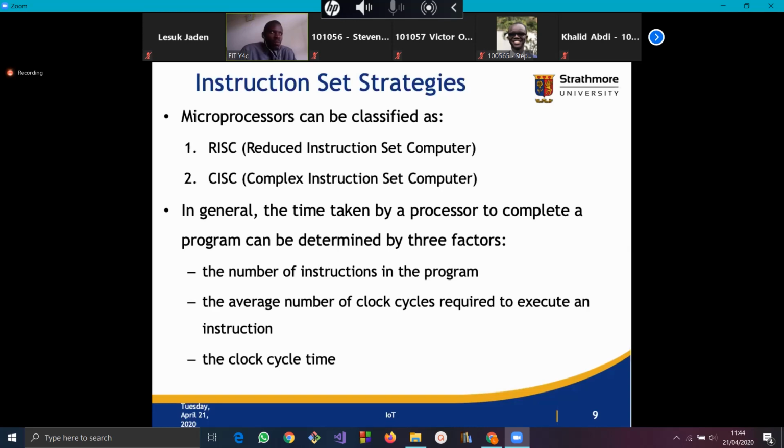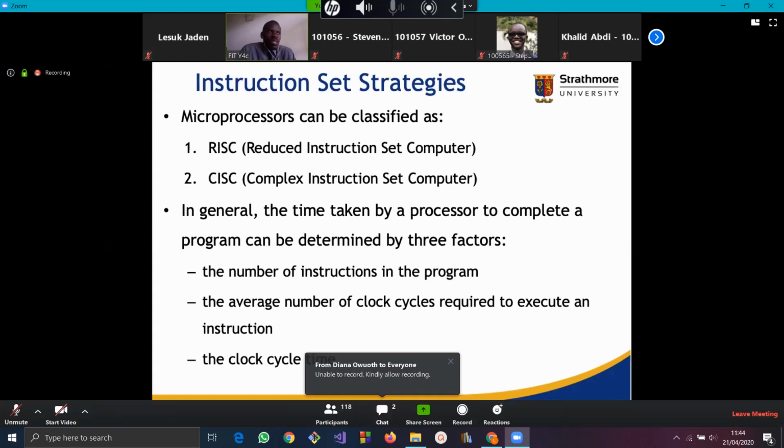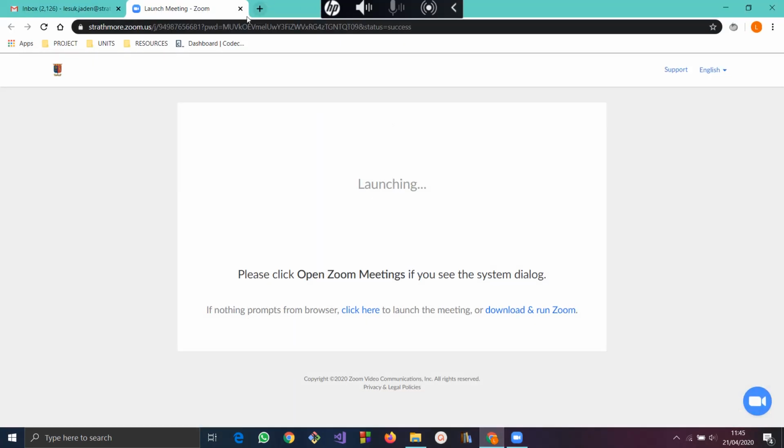Okay, so for example, an 8-bit processor, if you have an instruction that is maybe 16-bit, then an 8-bit processor will require 2 cycles to execute that instruction. But a 16-bit processor will just require 1 cycle to execute it. Okay, so that is how to explain it.